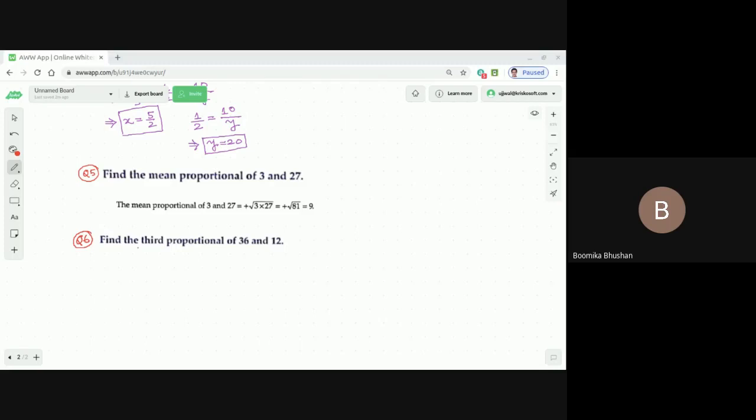So the third proportional is 4. Fantastic. Appreciate. Third proportional is indeed 4. Very good.